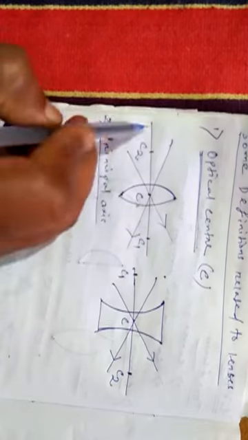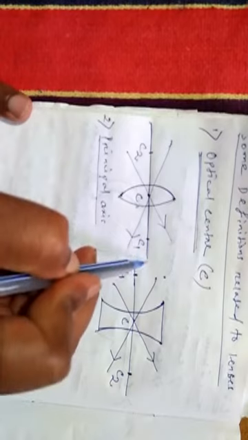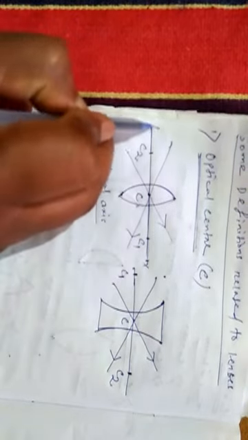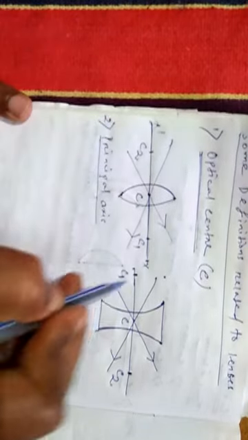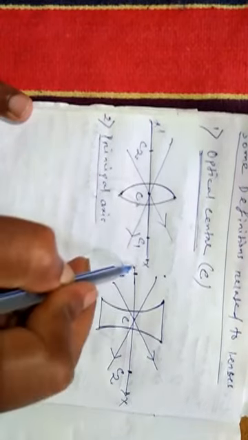A straight line passing through the centers of curvature C1 and C2 and the optical center C is called principal axis. So this straight line X dash is called the principal axis of the lens.